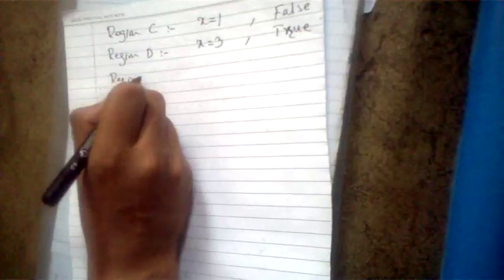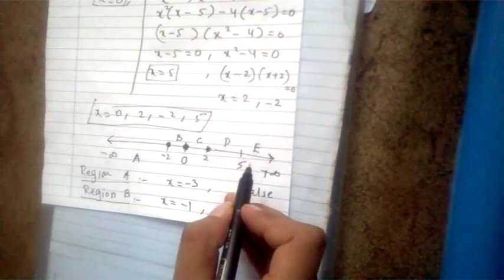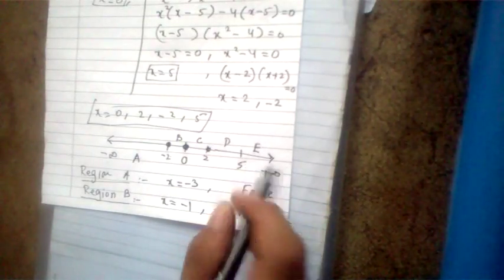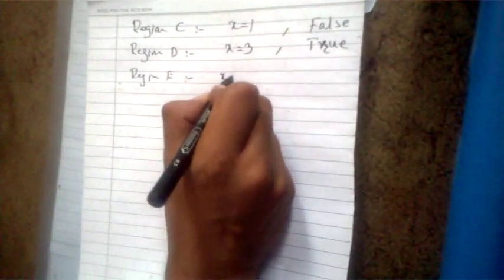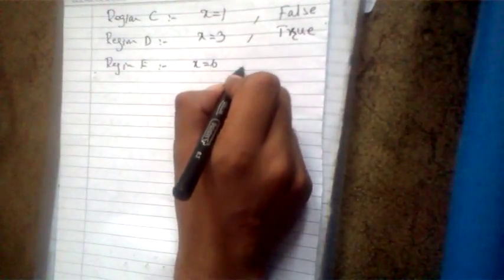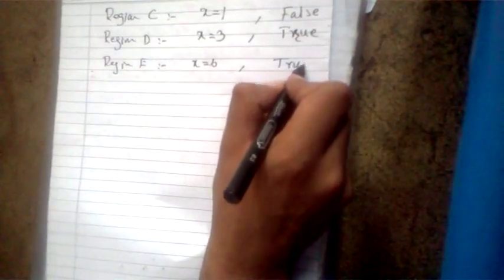And region E has a test point, for example, x is equal to 6, and when you put this x is equal to 6 into your inequality, it again comes true. Therefore, we have 3 regions coming true. One is region number B, the second one is D, and the third one is E.